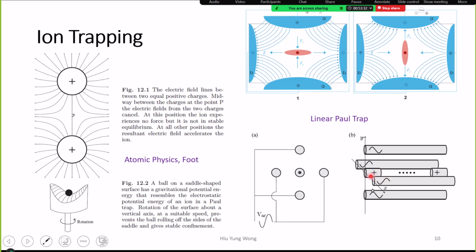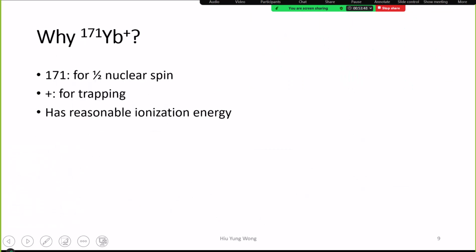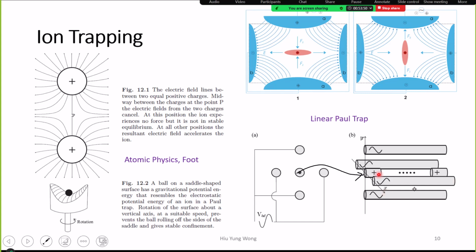So here, I don't know if you can see, this is the cross section. We have 4 electrodes, and the middle is referring to these 2. In this lateral direction, I actually have an array of ions.